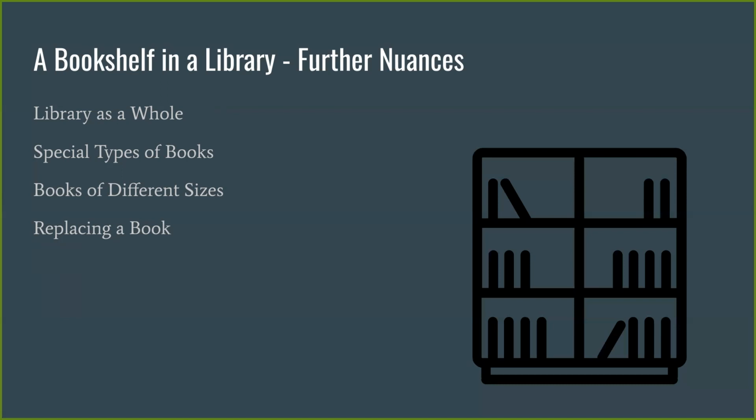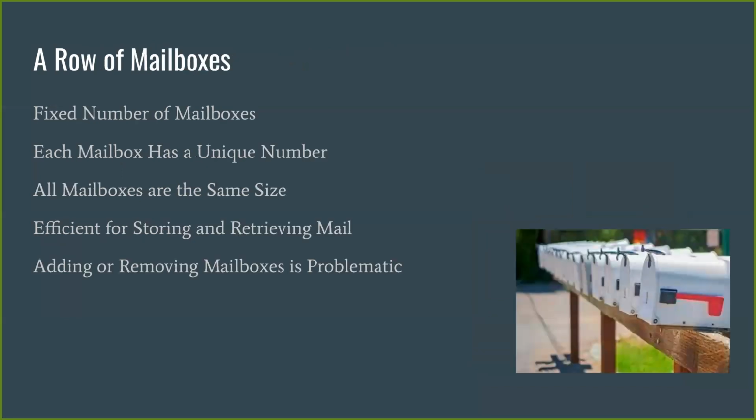I hope this bookshelf in a library example helps give you a better idea. Let me go over one more example, a row of mailboxes. Let's imagine a row of mailboxes, maybe in an apartment building, all lined up next to each other. You can think of each mailbox as an element in an array. This fixed number of mailboxes, you can think of as the fixed size property of an array.